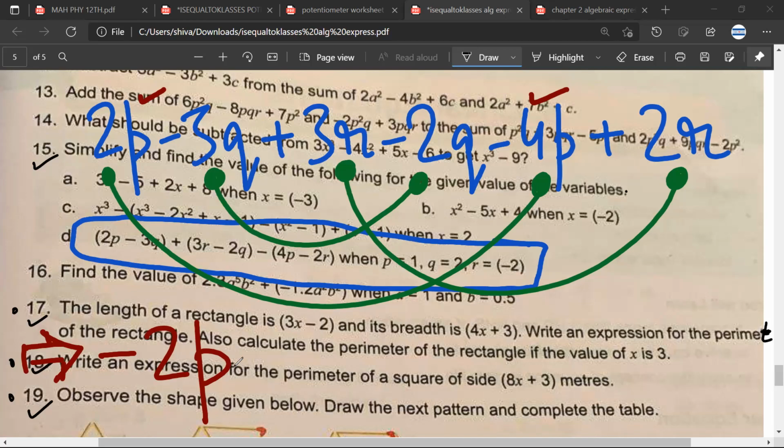Yes, sir. Mr. Sarthak, we have a doubt. What is the doubt? Mr. Satya, what is the doubt?